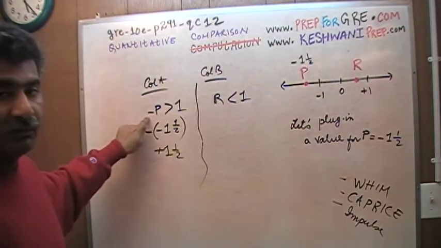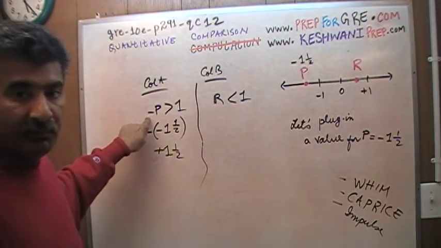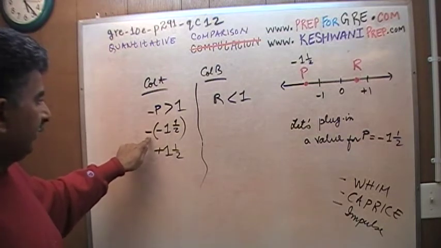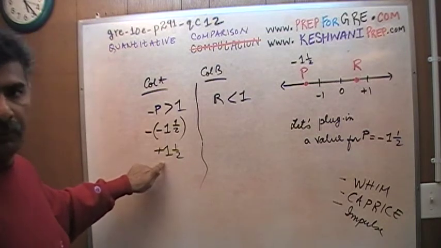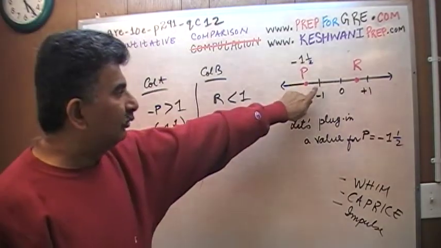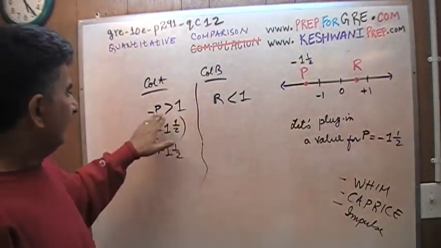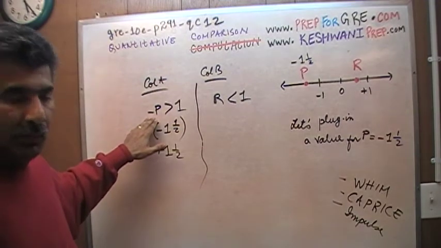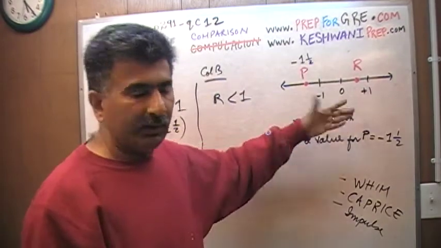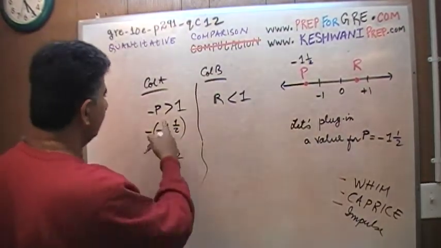By the time you put a negative sign in front of it, the whole quantity becomes positive, because negative times negative becomes positive. So it's going to be some number more than 1. So negative p is something more than 1, and r, as we can clearly see, is something less than 1. And therefore, the answer is A.